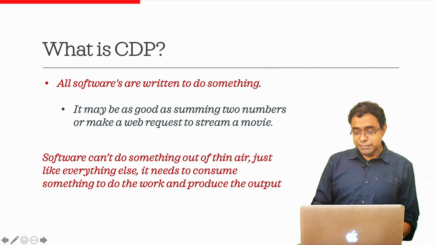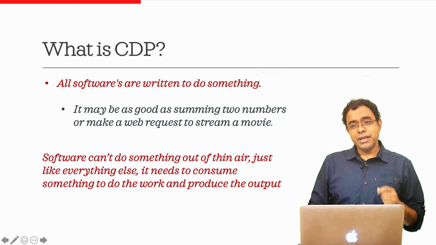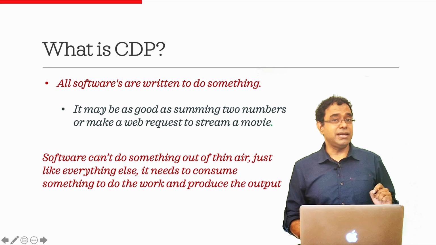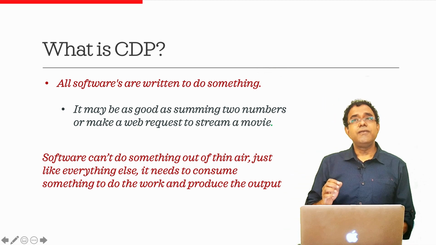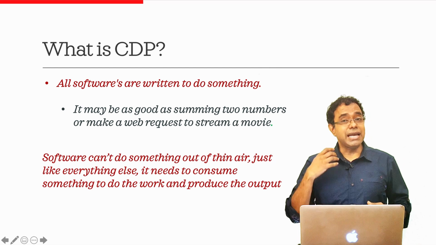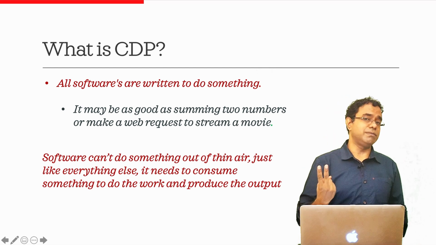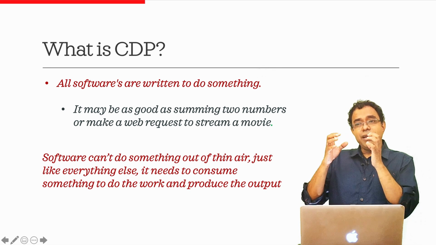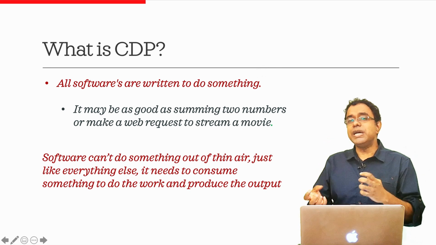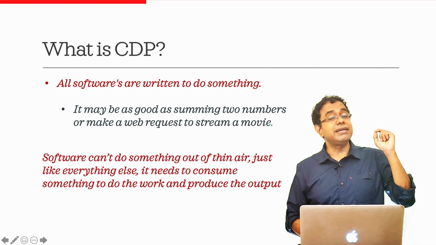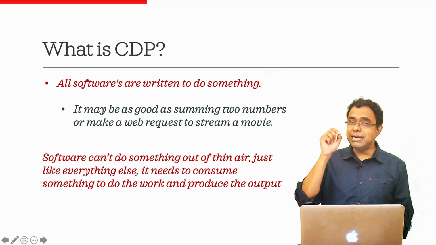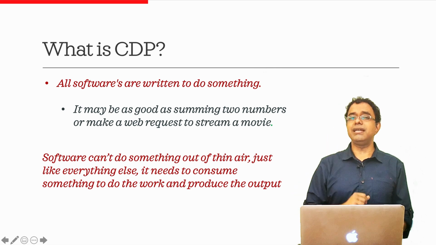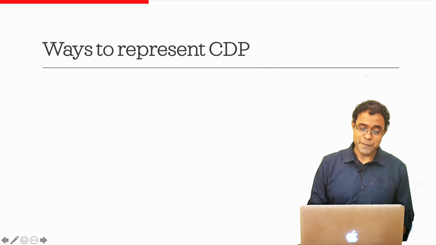The idea here is that any piece of software you write cannot do anything out of thin air. Even for a simple example like adding two numbers, it needs two numbers to add to produce an output. So every piece of software doesn't do anything on its own until it consumes something, does something on the things it has consumed, and then produces the output.